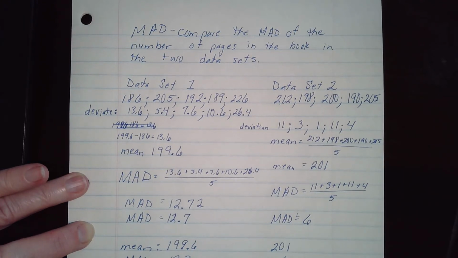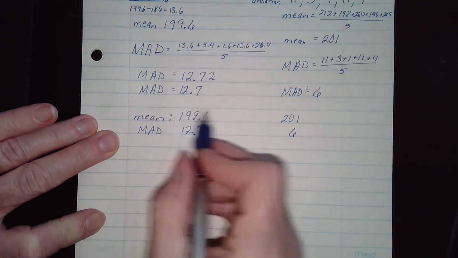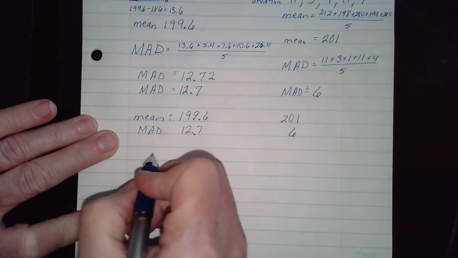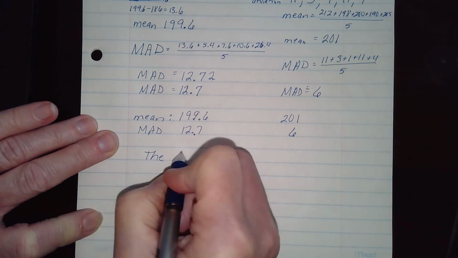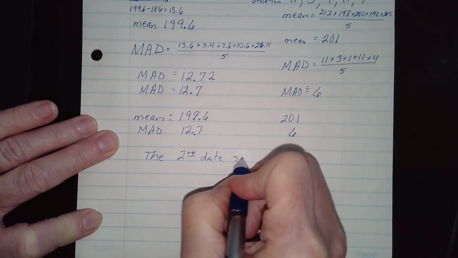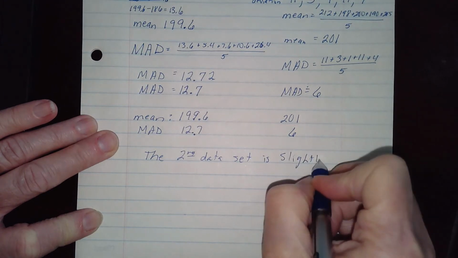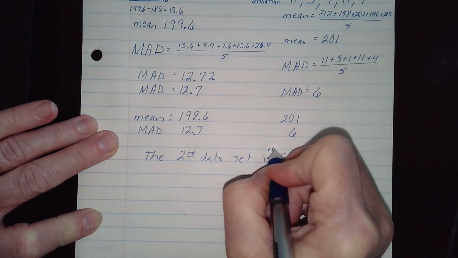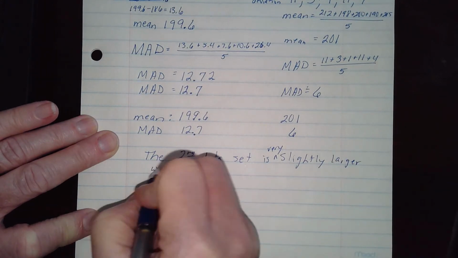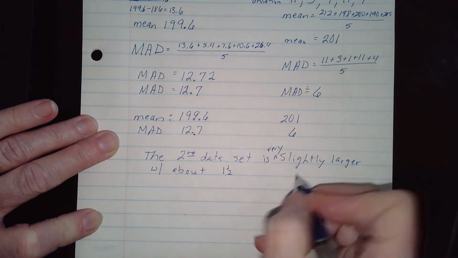Ran out of space, sorry about that, I'll just slide it up. Okay, just rewrote the data so it's easy to compare in one single location. So a couple of statements. The second data set is slightly larger, and I might even put in very slightly larger, with about 1 1/2.